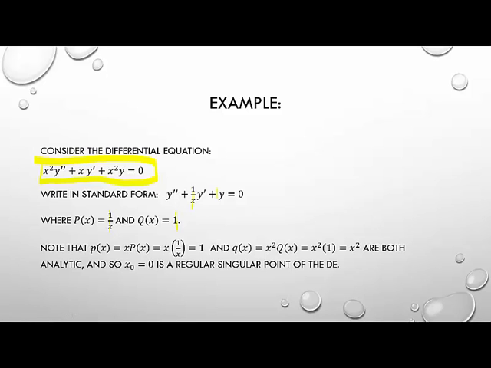That's capital P and capital Q, and to find our indicial equation, we want to identify little p. Our little p is x times capital P of x, which is equal to 1, and our little q is x squared times capital Q of x, which is equal to x squared. These are about the nicest functions we can deal with: a constant function and a power function, so anything that's a polynomial is analytic around 0.